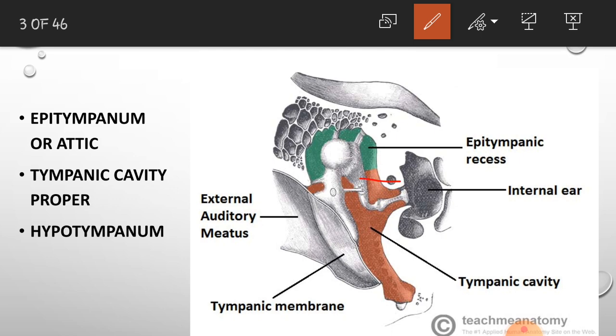Then this portion that lies immediately medial to the tympanic membrane is the tympanic cavity proper, and the portion that lies below the level of the tympanic membrane, we call this hypotympanum. So we subdivide this tympanic cavity into a tympanic cavity proper, an attic, which is the epitympanum, and a lower part which lies at the level lower to the tympanic membrane, and we call that hypotympanum.